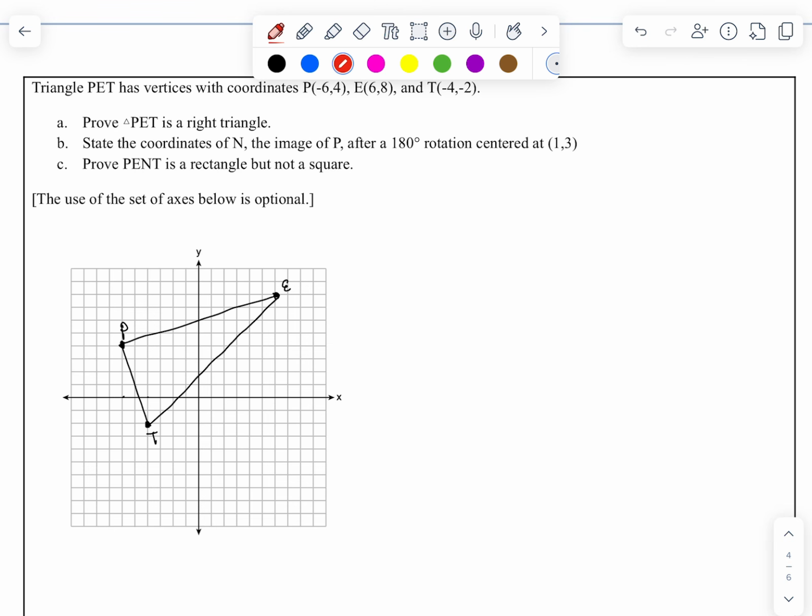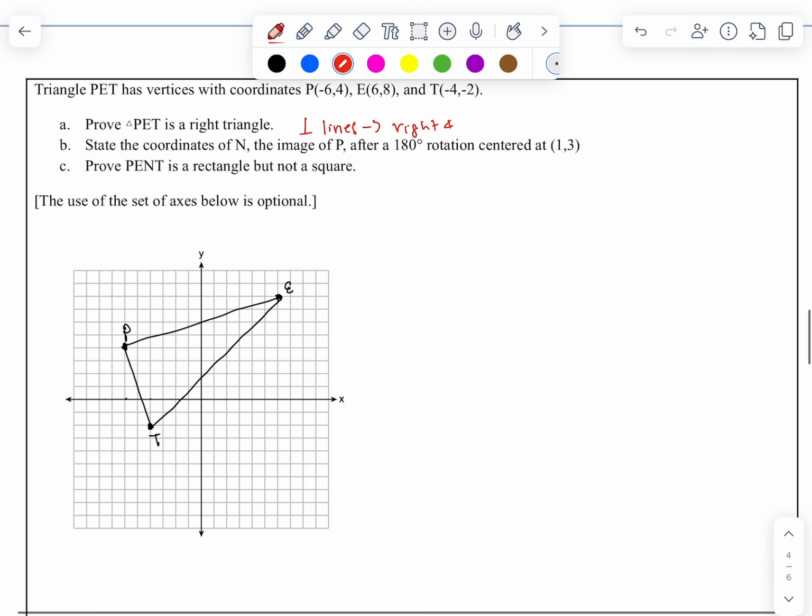To prove it's a right triangle, I have to prove that it has a right angle. And in order to have a right angle, I must show that I have perpendicular lines, because perpendicular lines make right angles. And if I want to show lines are perpendicular, I need to show that there are opposite reciprocal slopes.